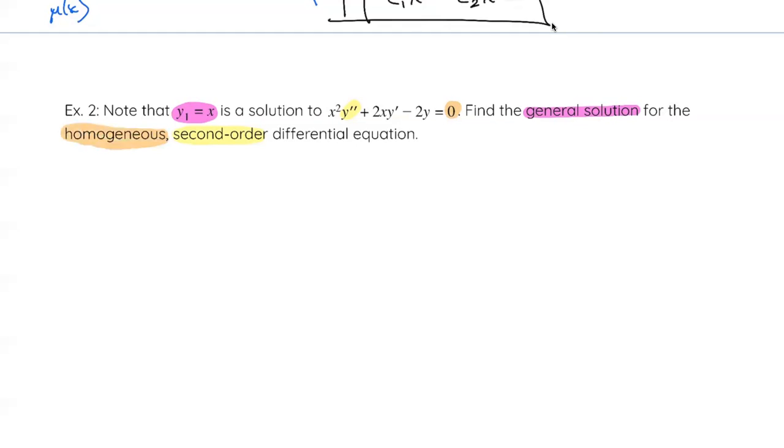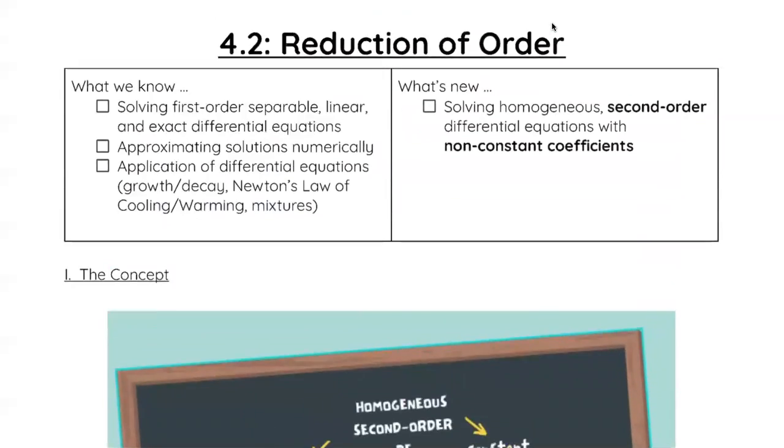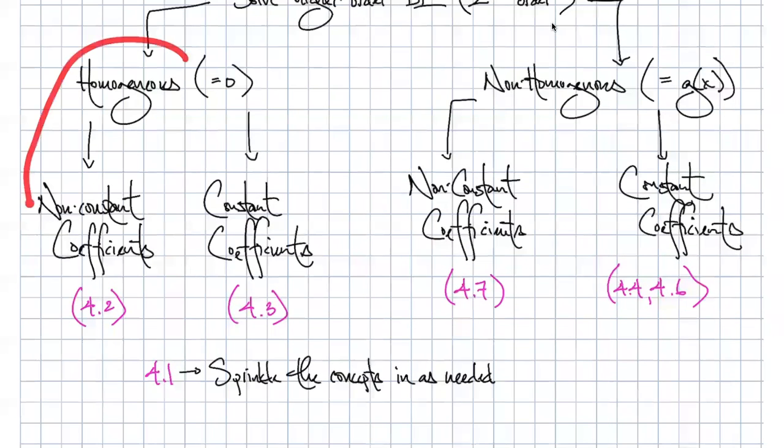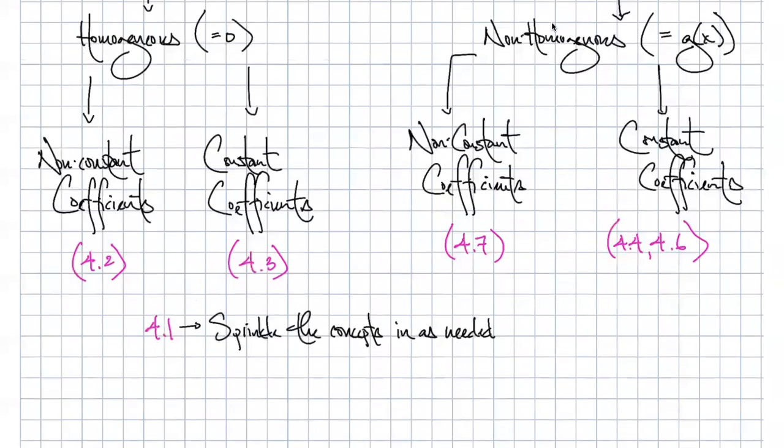Now, let's go back up to the top for a moment, because I said, or did I write this, that today we were going to focus on non-constant coefficients. All right, so what did I mean by that? Because I think that's an important clue to also tie into this section.